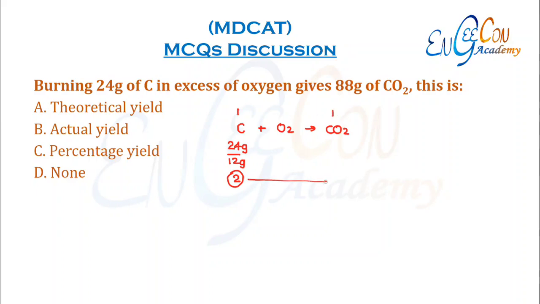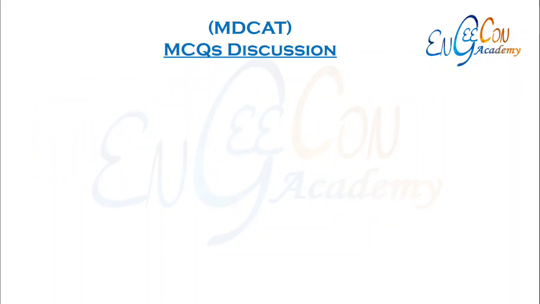So 2 moles of carbon would give us 2 moles of carbon dioxide. Now 2 moles of carbon dioxide equal 2 multiplied by 44 grams, which is 88 grams of carbon dioxide. This is the yield that we have calculated theoretically, so this is the theoretical yield. Actual yield is always lesser than that.